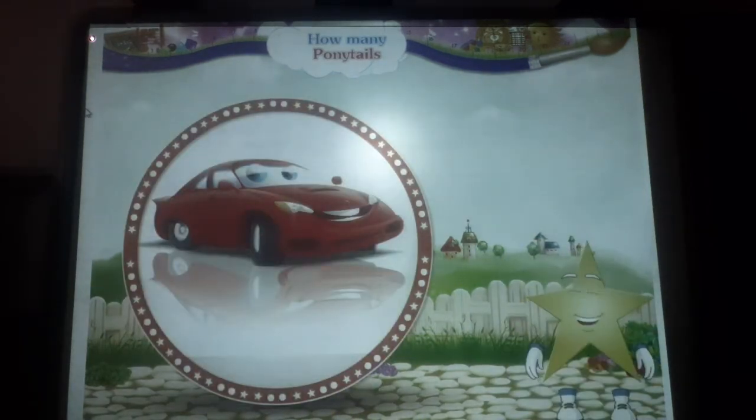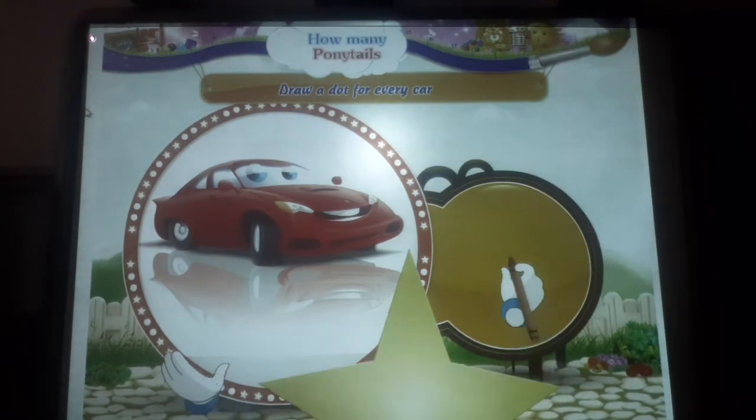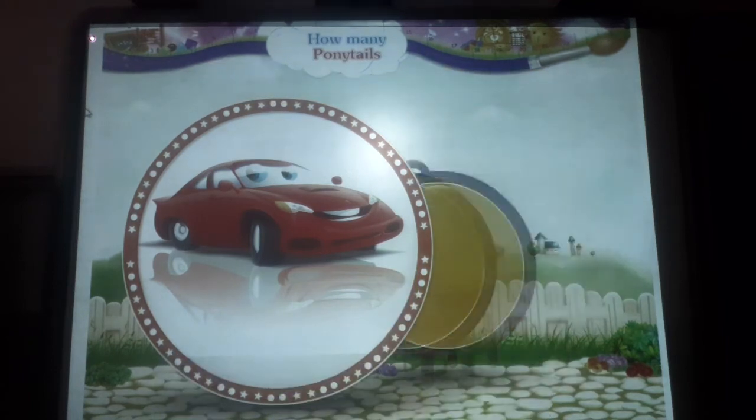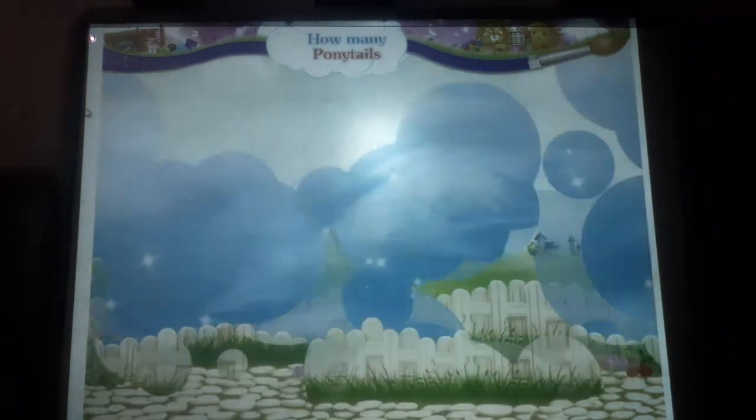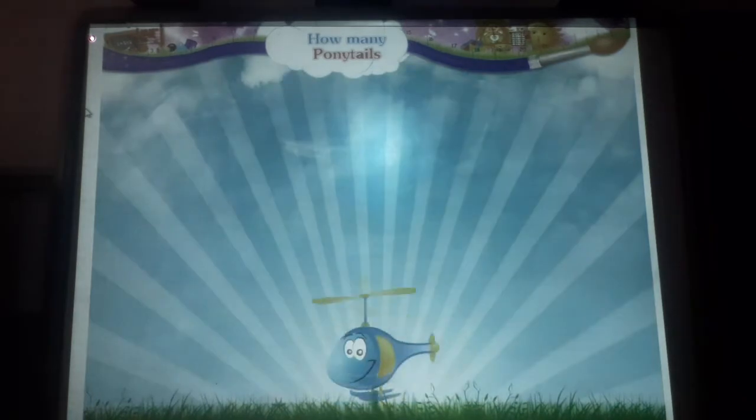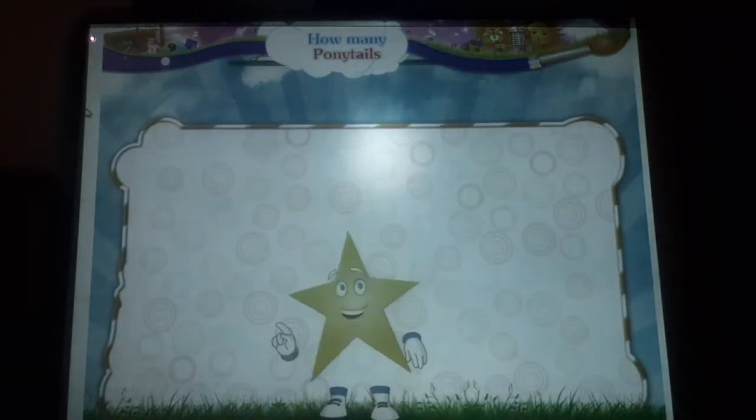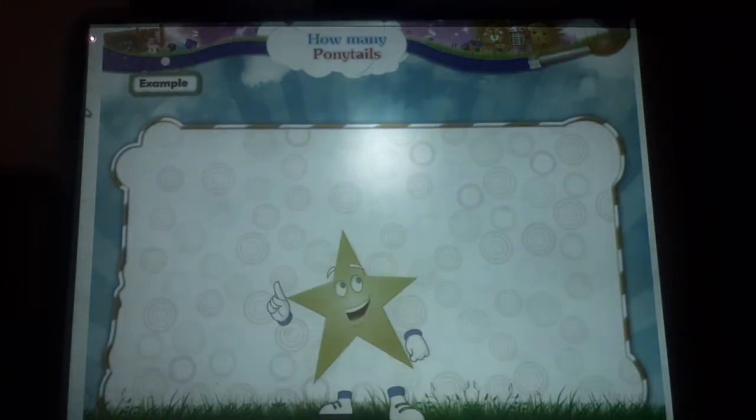Now, Starry, will you try drawing a dot for every car? A dot for this car.